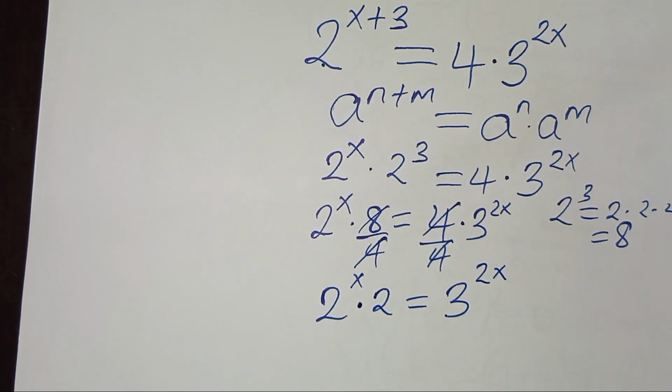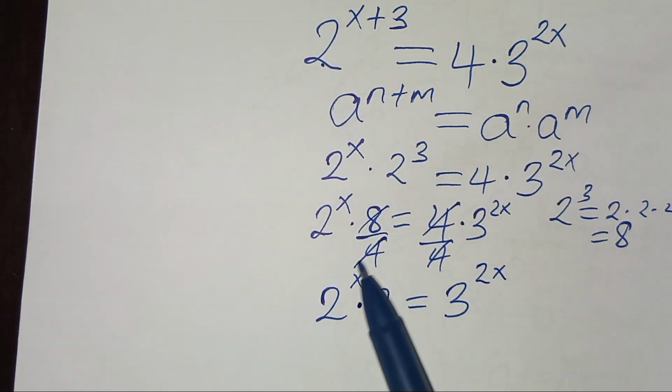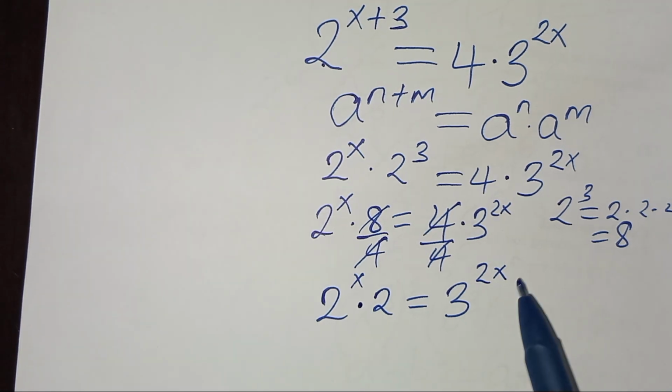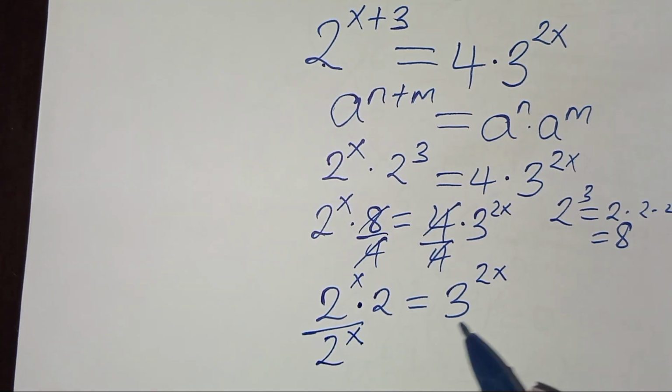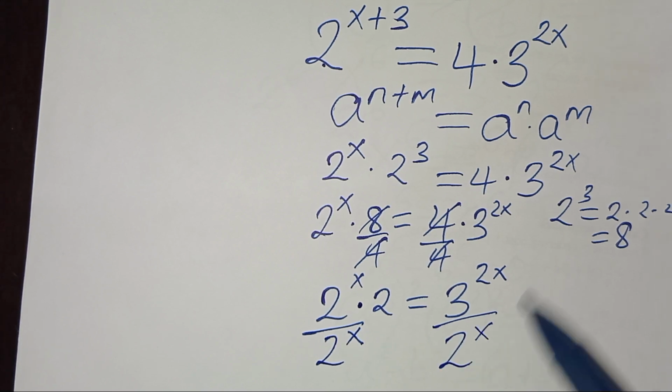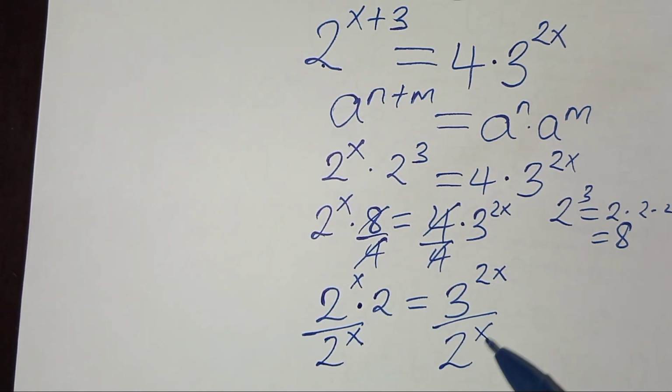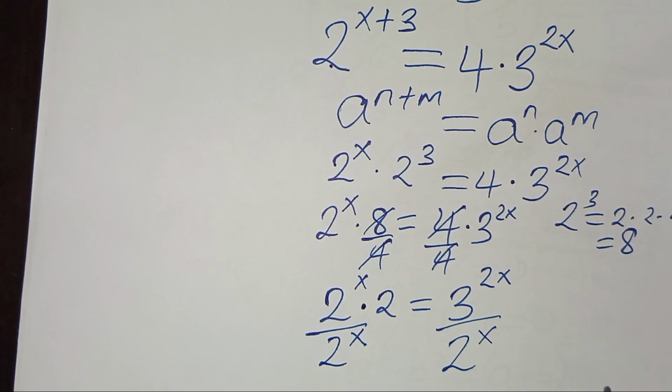Now we have 2 to the power x, so let's put the like terms together. Let's divide both sides by 2 to the power x, so that we ensure the exponents x are on the same side.